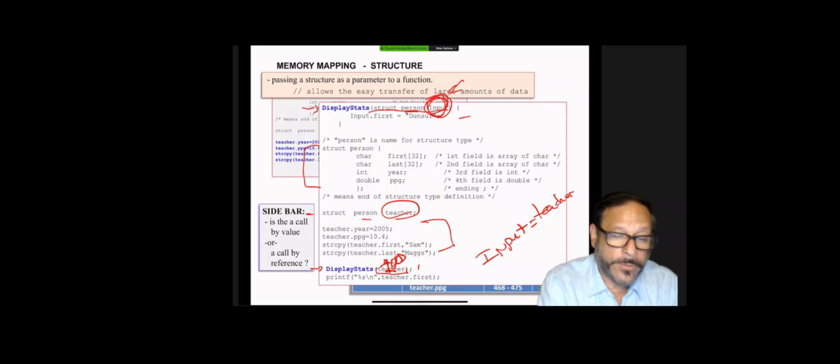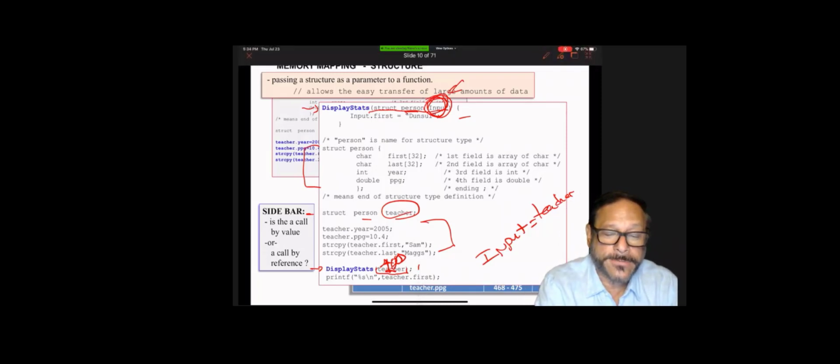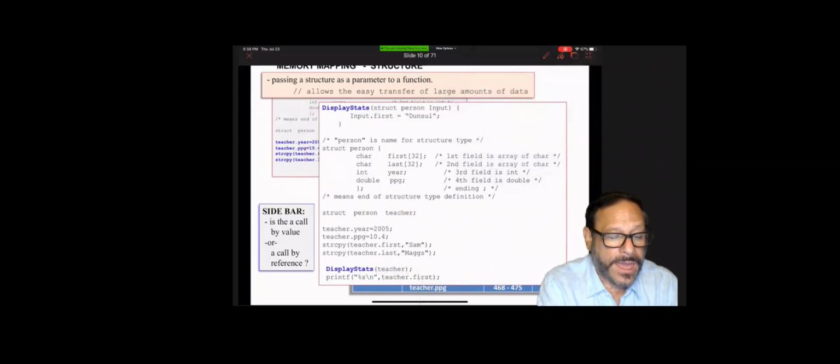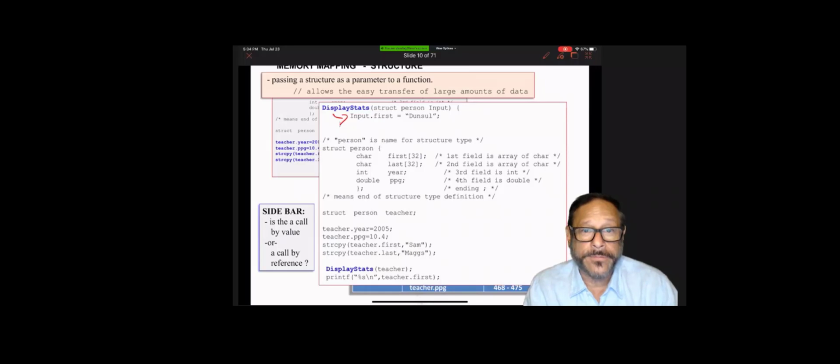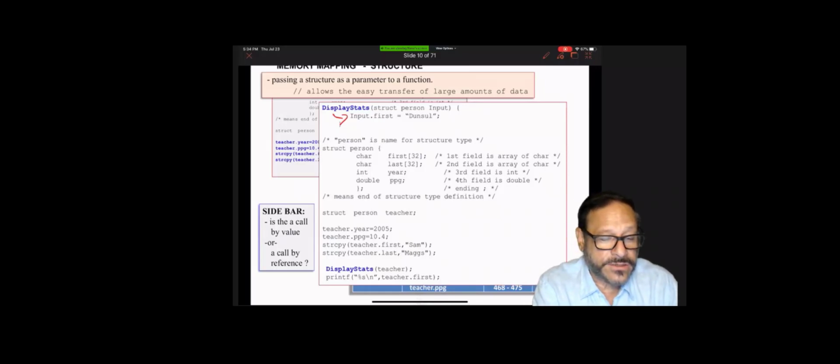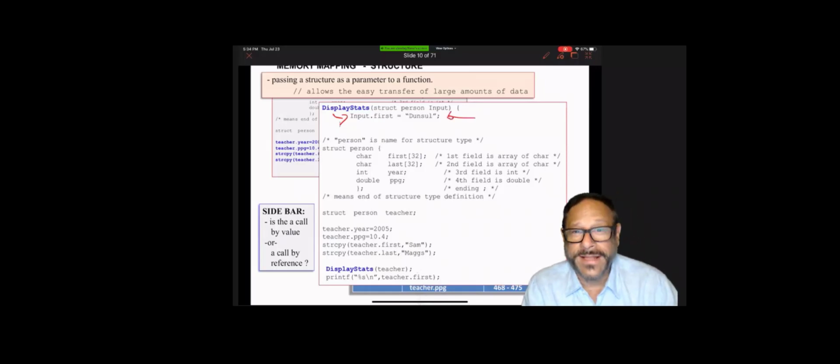Now I go here, and let me clean this up a bit for us. And I have the line input.first is assigned Dunzel. Well, we look at this and you say, wow, first of all, that's not how it's done. I don't know why I've got that line of code in there; I haven't yet created the other slide that says you can't do it that way.